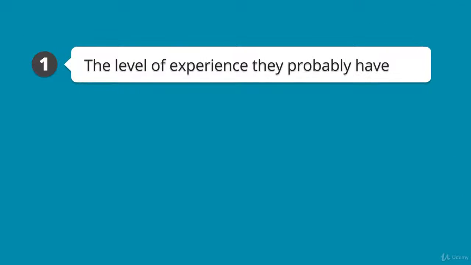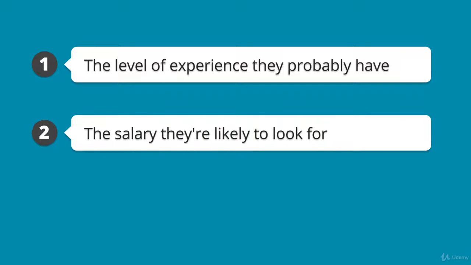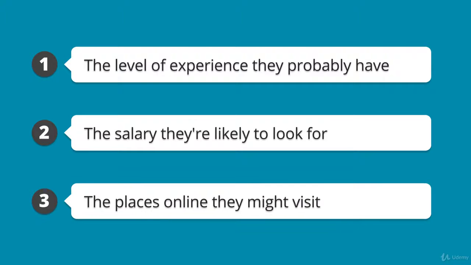On top of those skills and responsibilities you need, think about the level of experience they probably have, like 2 to 4 years of experience doing a specific job. Think about the salary they're likely to look for. Maybe they make $40,000 to $50,000 a year, I don't know. And think about the places online they might visit, from social media to specific industry websites.